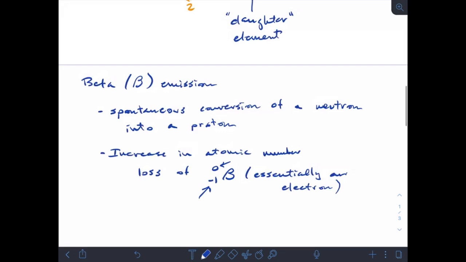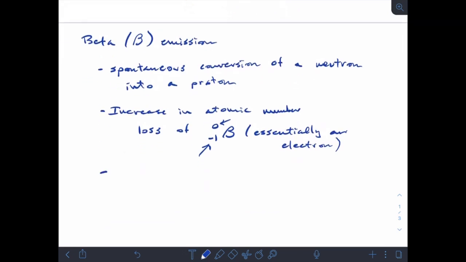Okay, these are much smaller than alpha particles, but penetrating power is higher. Smaller particle, but it can go through more matter. Whereas we could stop a beam of alpha particles with a sheet of paper, for a stream of beta particles you would need something like a phone book.